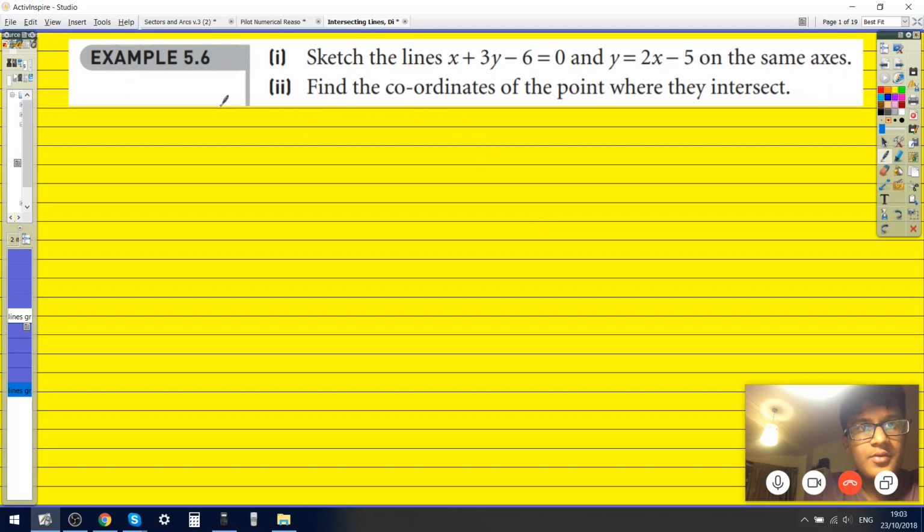Okay. And the next one, y equals 2x minus 5. So if it's a sketch, they just want the main points. Yeah.